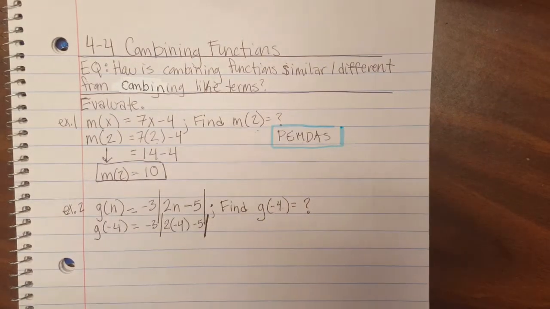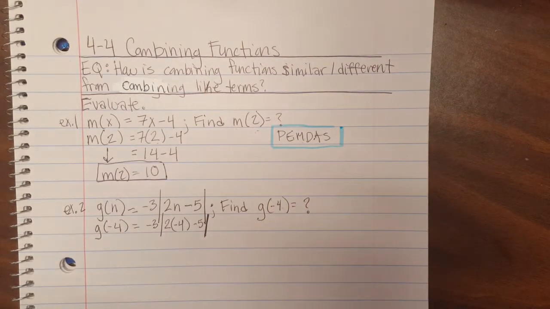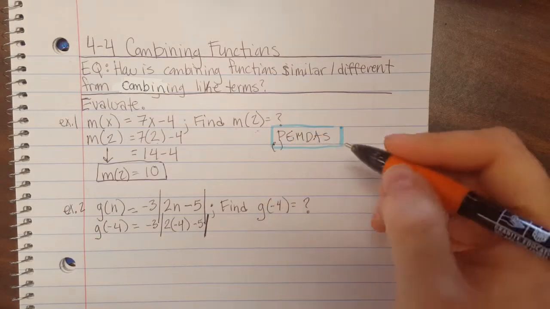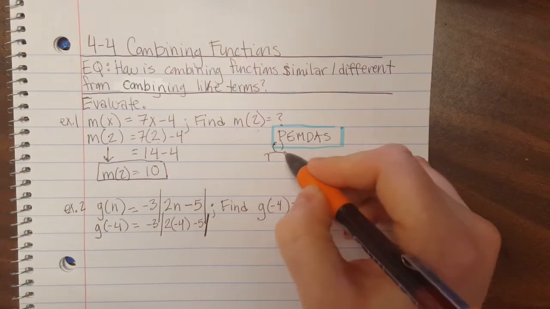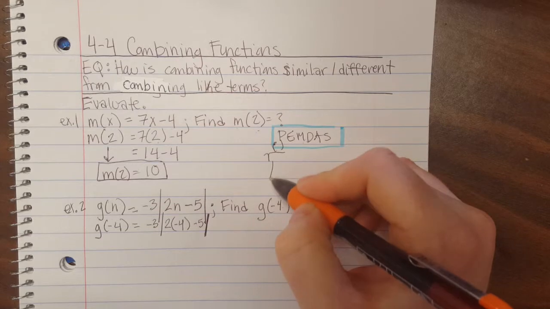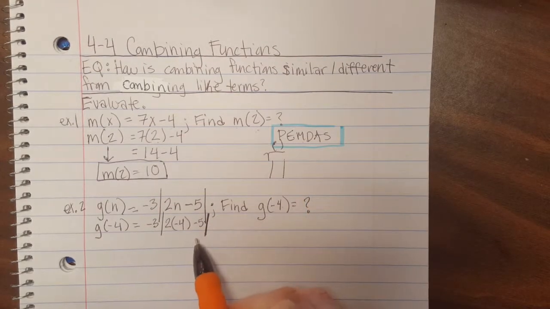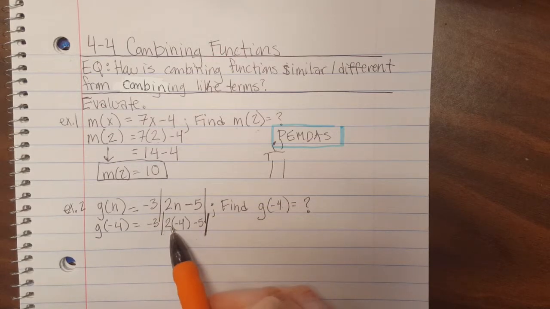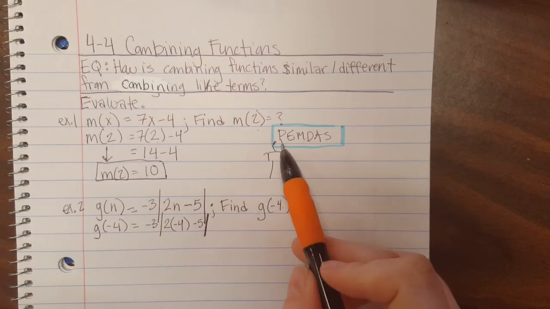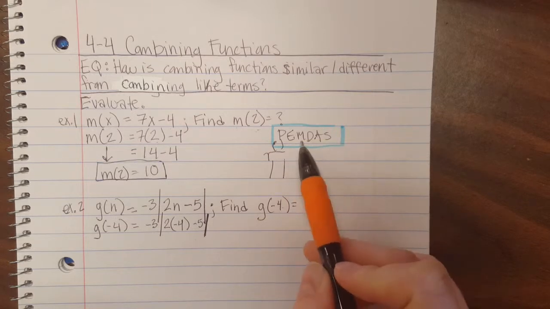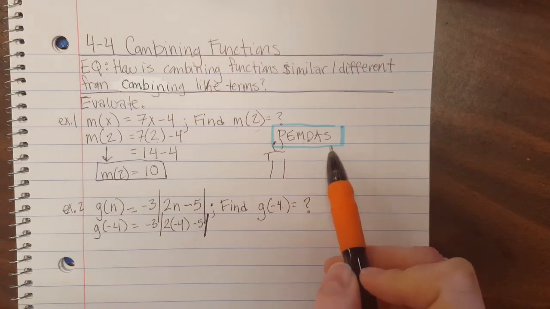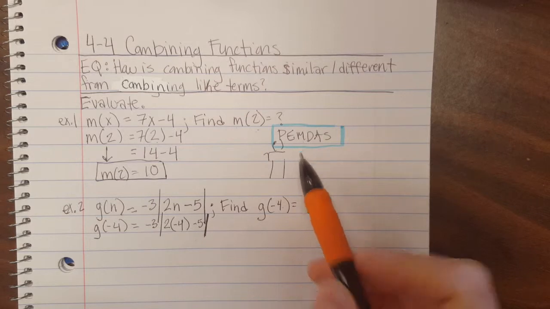Now, P stands for parentheses generally, but it actually stands for anything that's grouping. So square roots can group things, and also absolute values can group things. So we're going to do inside the grouping symbol first. And inside the grouping symbol, we have multiplication and subtraction. So according to PEMDAS, which one comes first? Multiplication or subtraction? It would be multiplication.